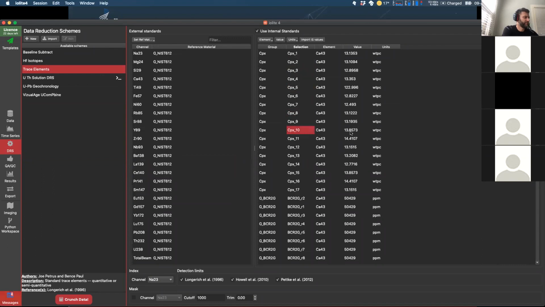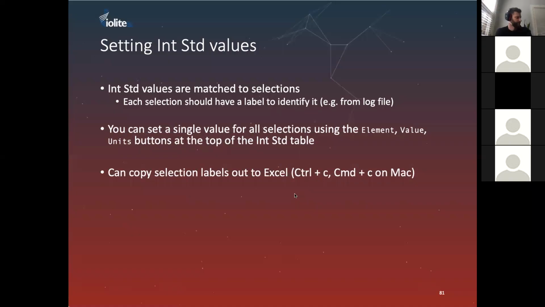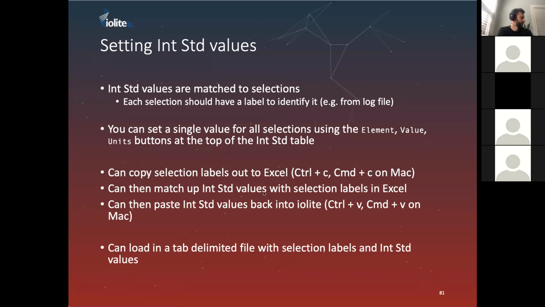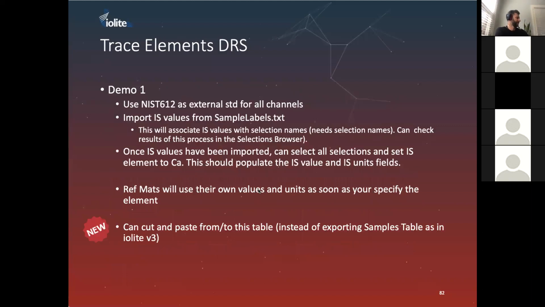So, you know, this 13.38, which selection does it apply it to? Well, it needs to know the label. So you do have to have labels to be able to do that. So you can copy stuff out from Excel and copy it back in again, and you can load a tab delimited file with selection labels and internal standard values in that table.